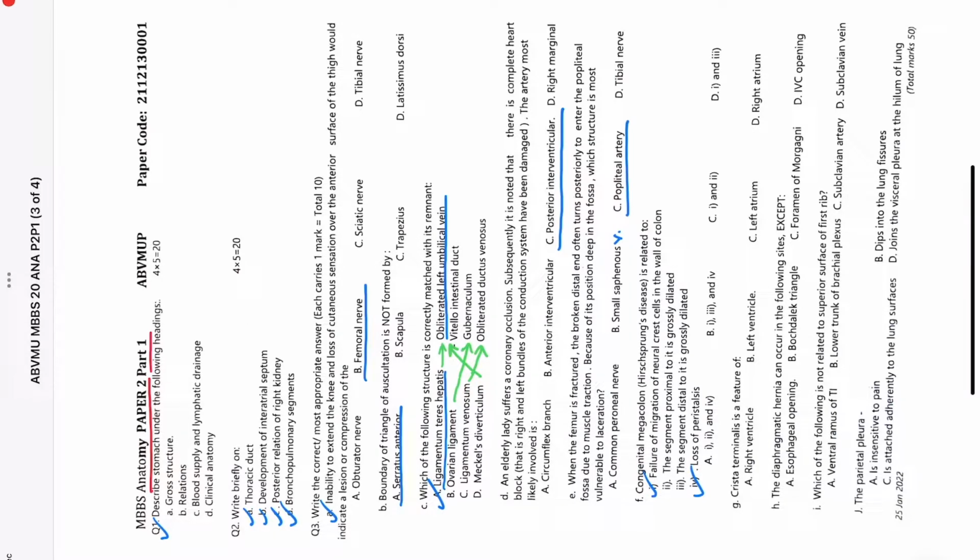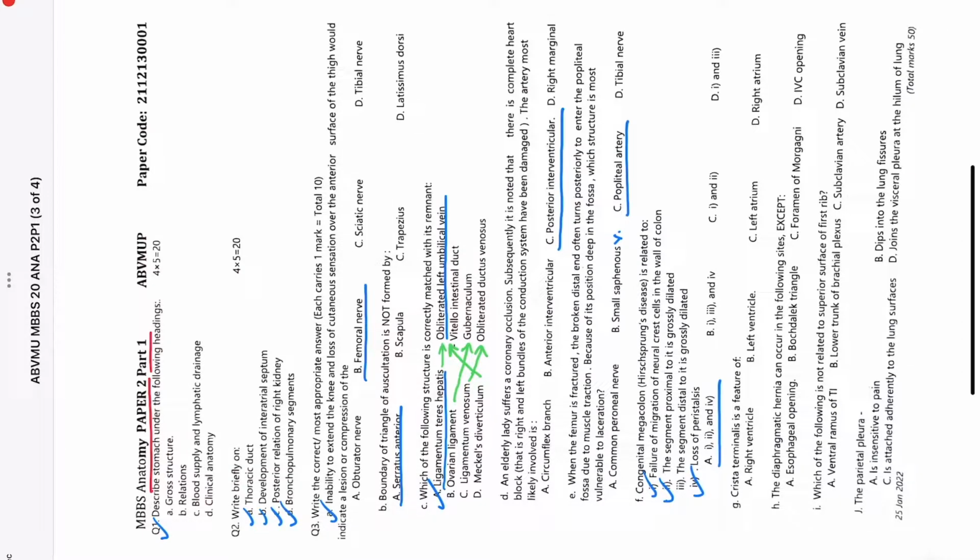Because there is no peristalsis, the segment of the colon distal to this disease will be narrow in caliber, and the segment proximal to this, of course, will have food collected in it, and that will lead to dilatation of the segment proximal to the Hirschsprung's disease area. So the segment proximal to it is grossly dilated. So your answer here will be 1, 2, and 4 are the correct statements. That is choice number A.